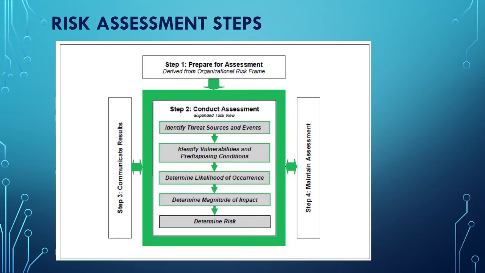Now, these risk assessment steps, I believe they are in your textbook, and you want to become familiar with them because they also give you that checklist for what needs to be done, when, and how. And this is very important.